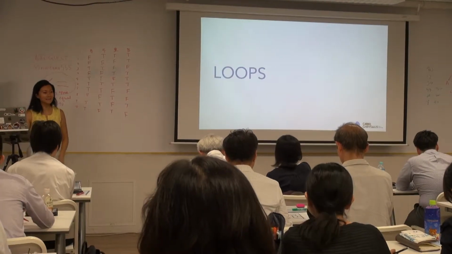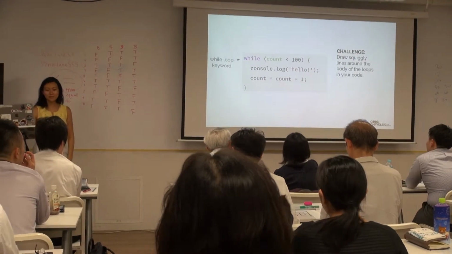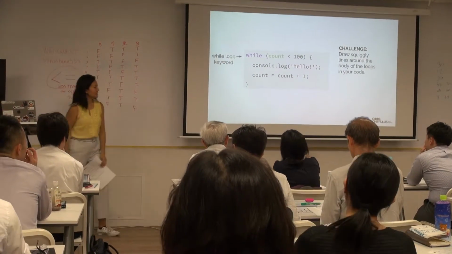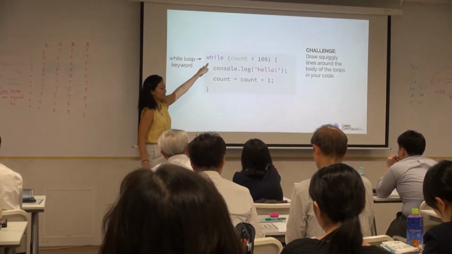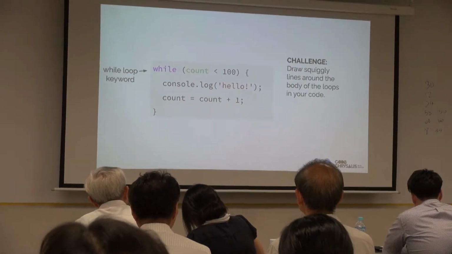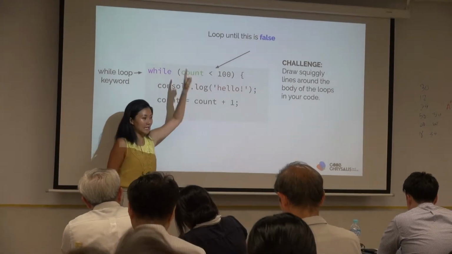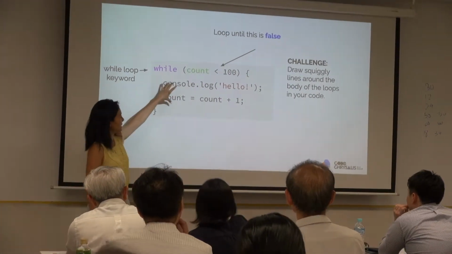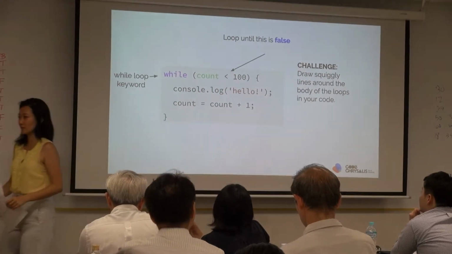So lastly, let's talk about loops. So we have a while loop. And we know it's a while loop because there's a while keyword, a special word. What this while loop does is it keeps running the code in here until this becomes false.